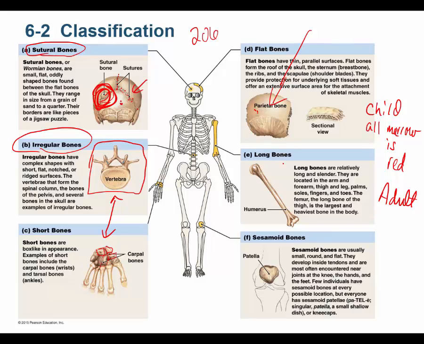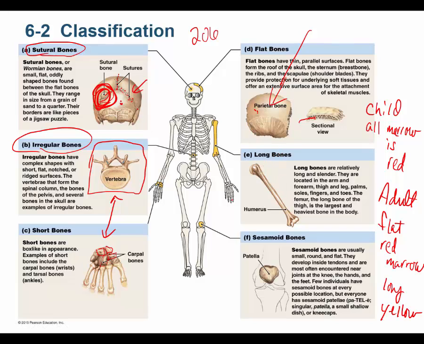The marrow of long bones, which is coming up here, is yellow. So adult flat bones have red marrow, and adult long bones have yellow marrow. So these flat bones of the skull are pretty important, mainly because this medullary cavity has red marrow and it's still producing blood cells for us.